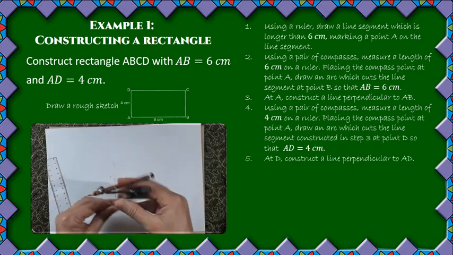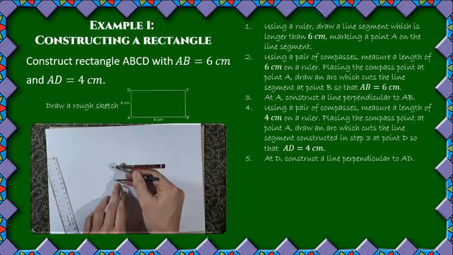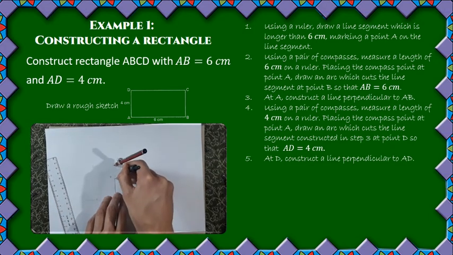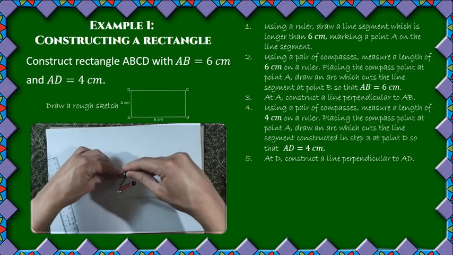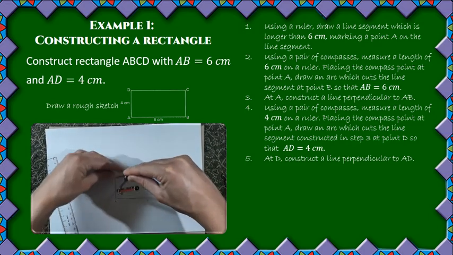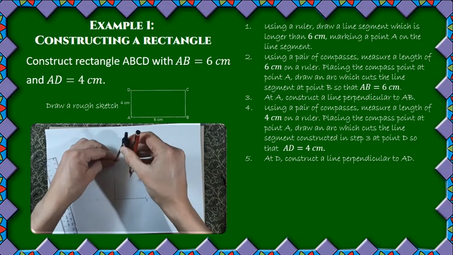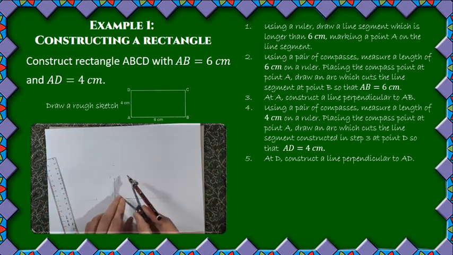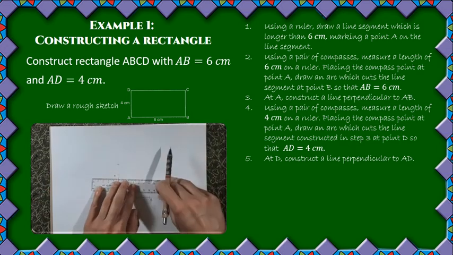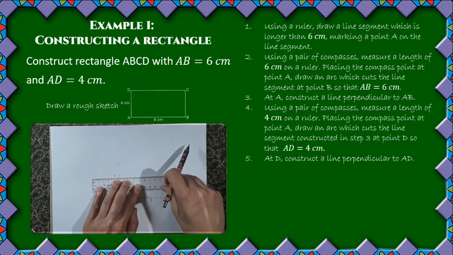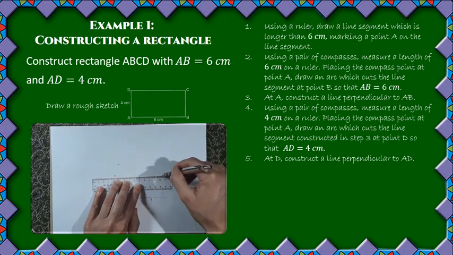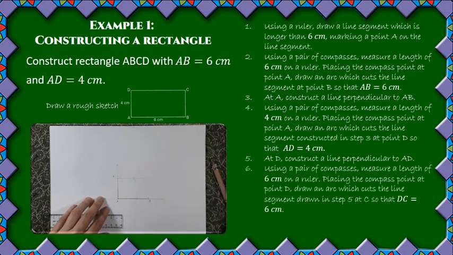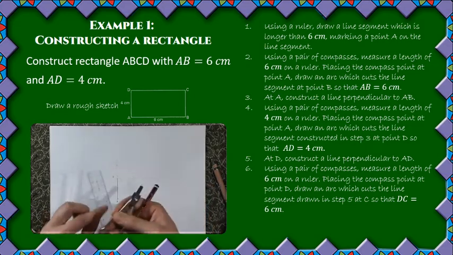Now at D, construct a line perpendicular to AD. And then using a pair of compasses, measure a length of 6 centimeters on a ruler.